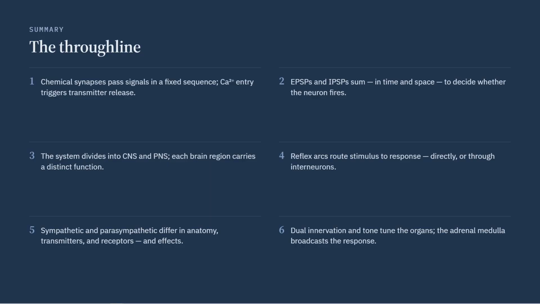And reflex arcs routing signals to fast responses, directly or through interneurons. And we finished with autonomic control. Sympathetic and parasympathetic divisions that differ in anatomy, transmitters, receptors, and effects, tuned by dual innervation and tone, and amplified body-wide by the adrenal medulla. Signal, structure, autonomic control. That was the through line. If you can walk through each of those 6 ideas in your own words, you've got this module.